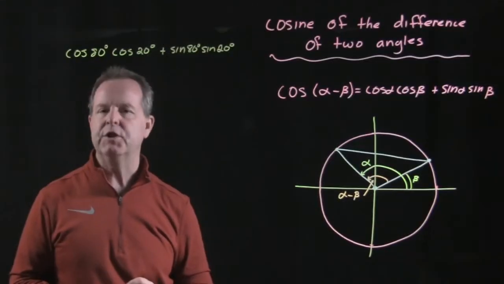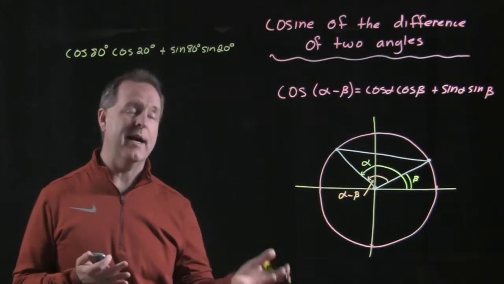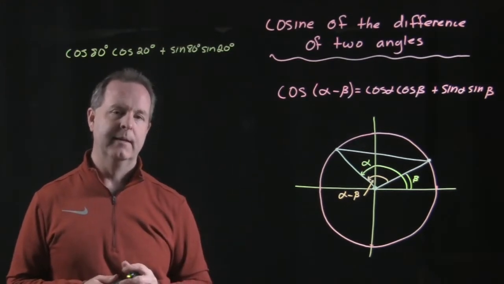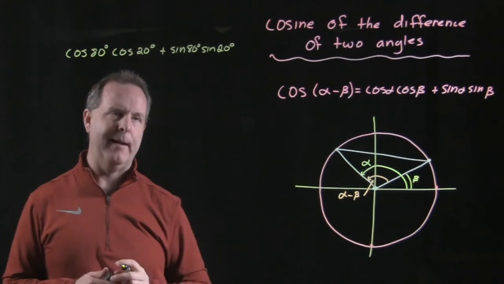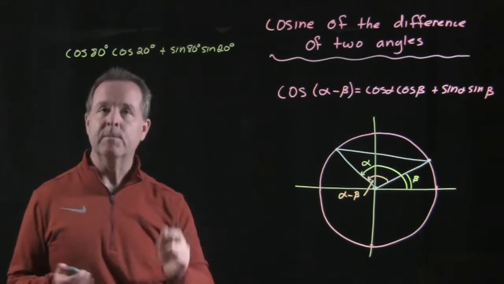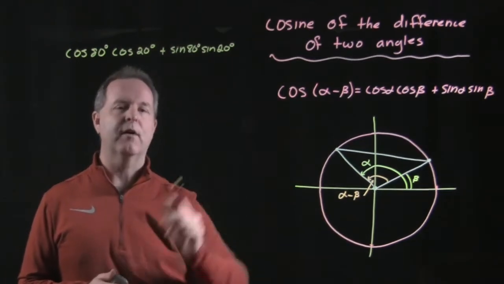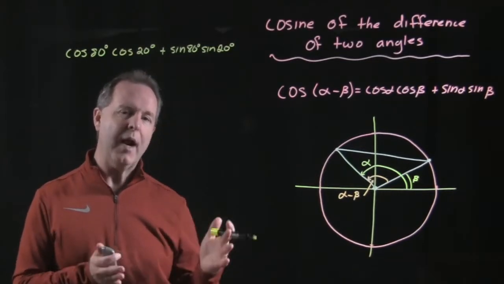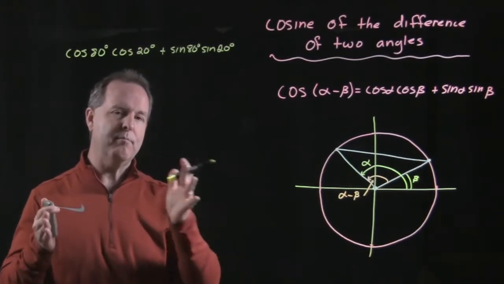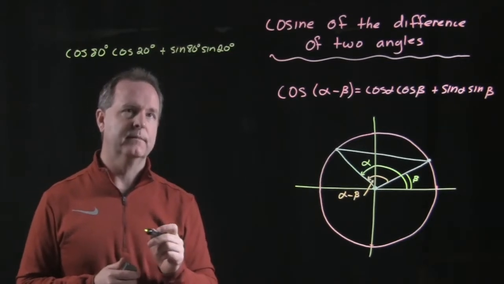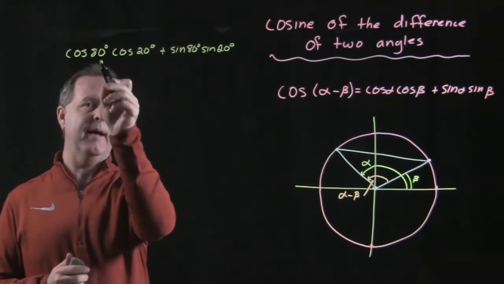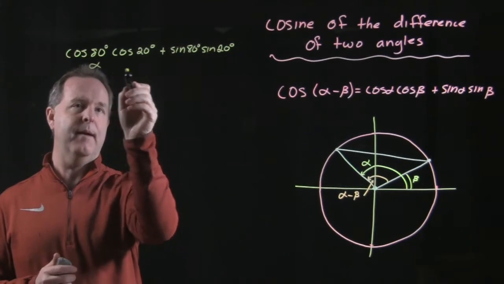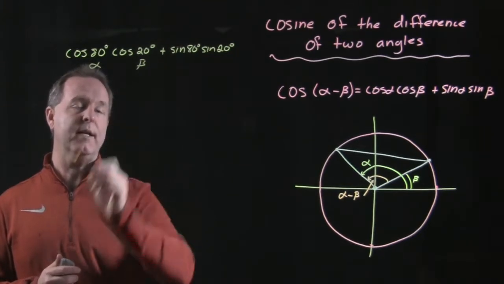Now this example is just to help us understand that we can look at it backwards as well. So if I saw this, which I don't know why I would, but if I did, I notice that it's the right side of our identity. And if I can recognize that, then I can move it back the other direction, where in this particular case my alpha is 80 degrees, my beta is 20 degrees.